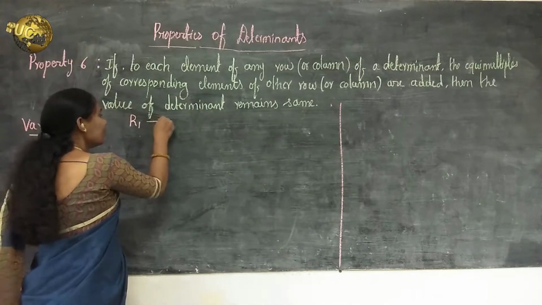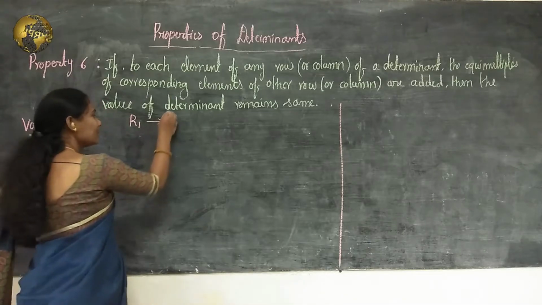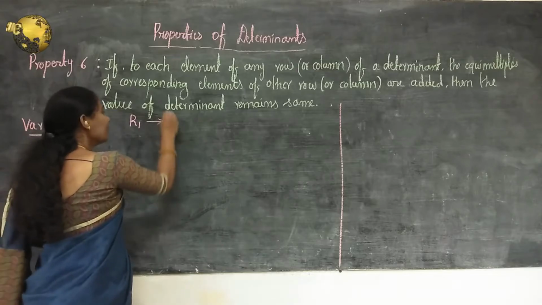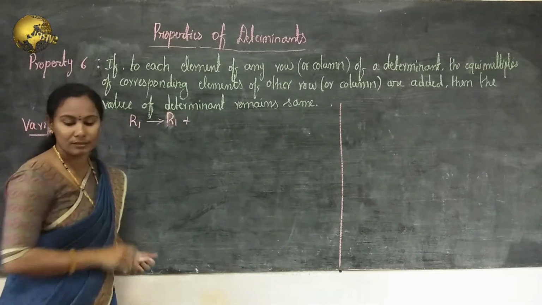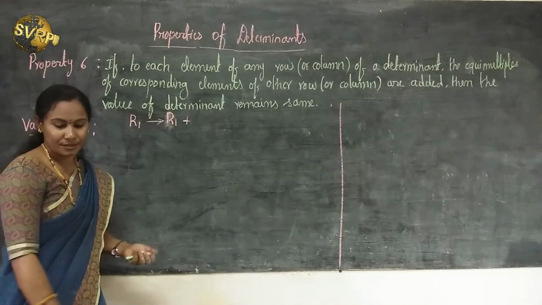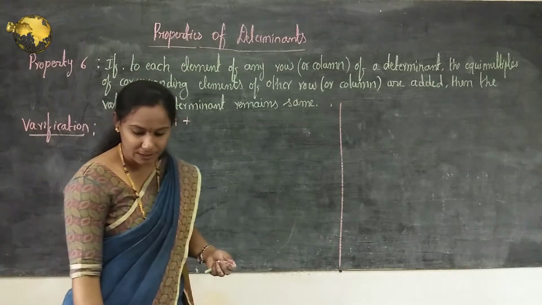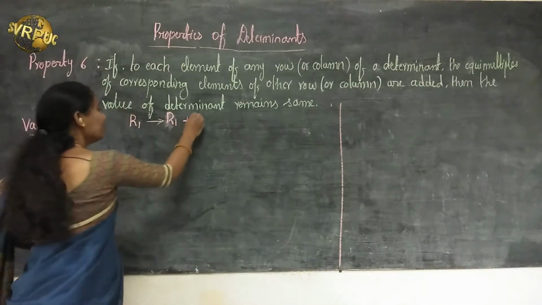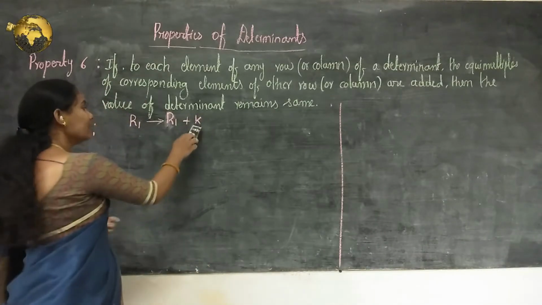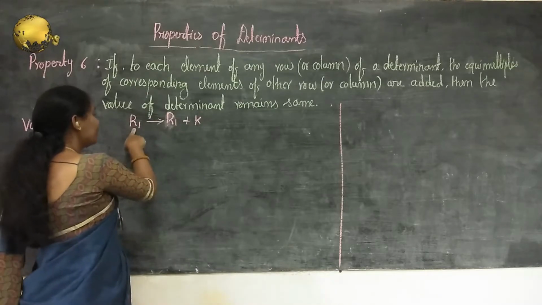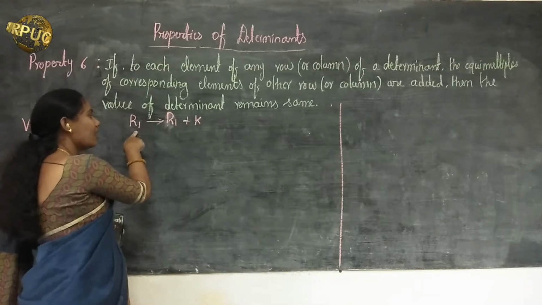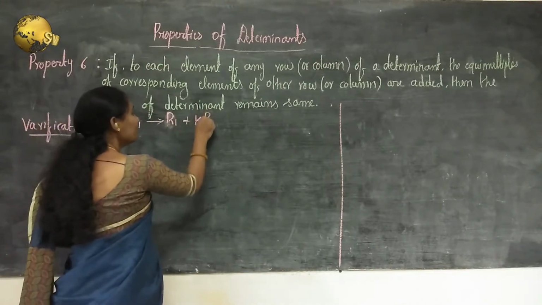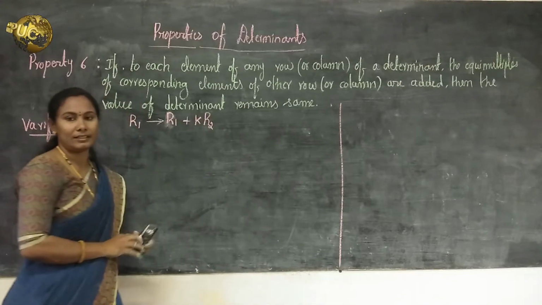That means here I want to change R1. R1 can be changed into R1 plus K into, multiplying by some constant K, either R2 or R3.